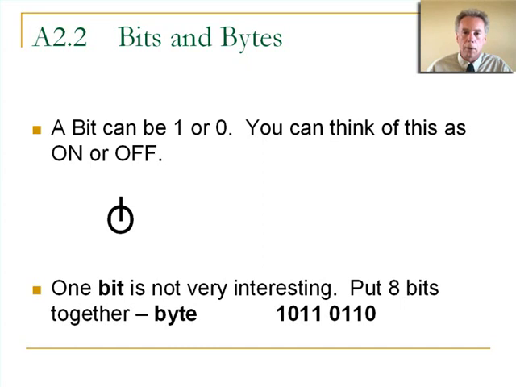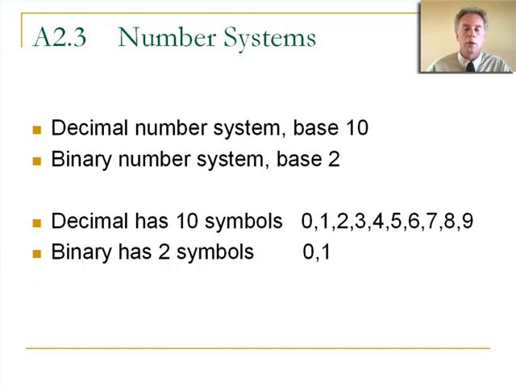Okay, what do these ones and zeros represent? And that's where the binary number system comes in. We have to find a way of representing values as a series of ones and zeros. So let's go back and start thinking about number systems in general. The number system that we're used to using, we've been using since preschool, is the decimal number system, or base 10, and the binary number system is base 2.